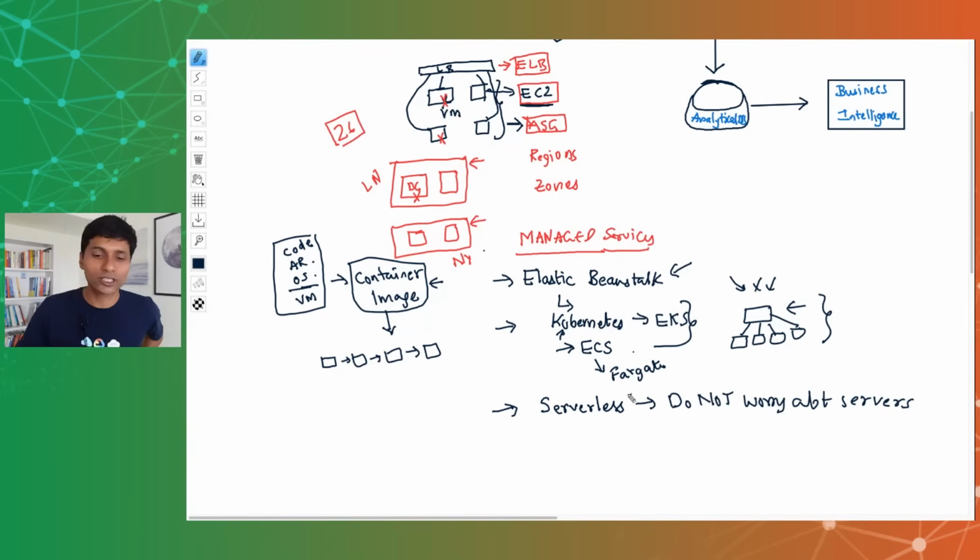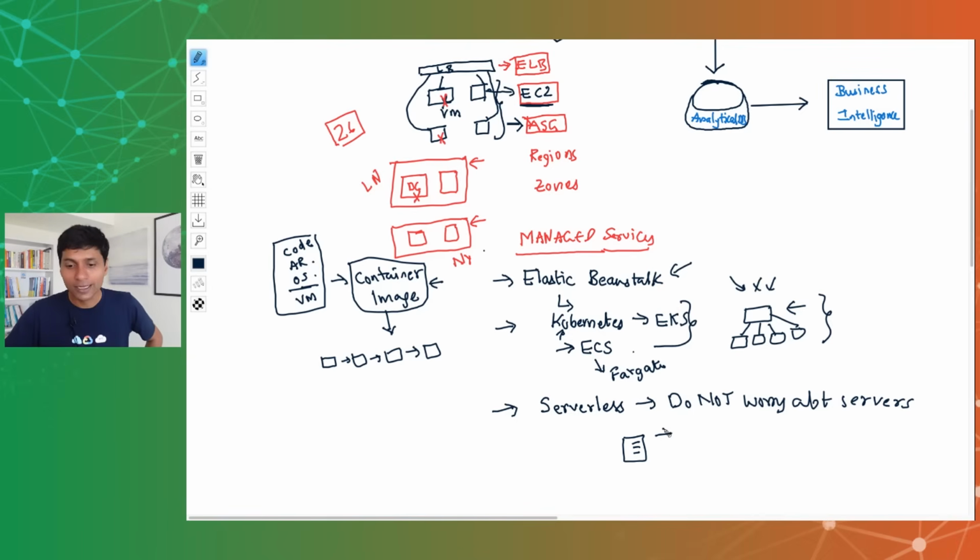That concept is what is called serverless. In serverless, you don't worry about your servers. All that you would do is give a piece of code and tell AWS, hey AWS, this is a piece of code. I might get 10 requests. I might get 10,000 requests. Handle it for me. I don't really want to worry about it. That approach is what is called the serverless approach.